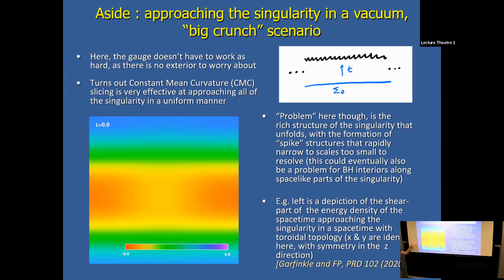It's probably a fact that here things become local, in the sense that the equations morally become ODEs. We're solving PDEs, but they become ODEs. So the fact that we're getting these unresolved features doesn't cause the simulation to crash. We can continue evolving, with the caveat that we really can't say anything about the actual solution where the structures form. So this is more to illustrate the kind of complexity that could arise in the space-like part if this is what happens in the interior.